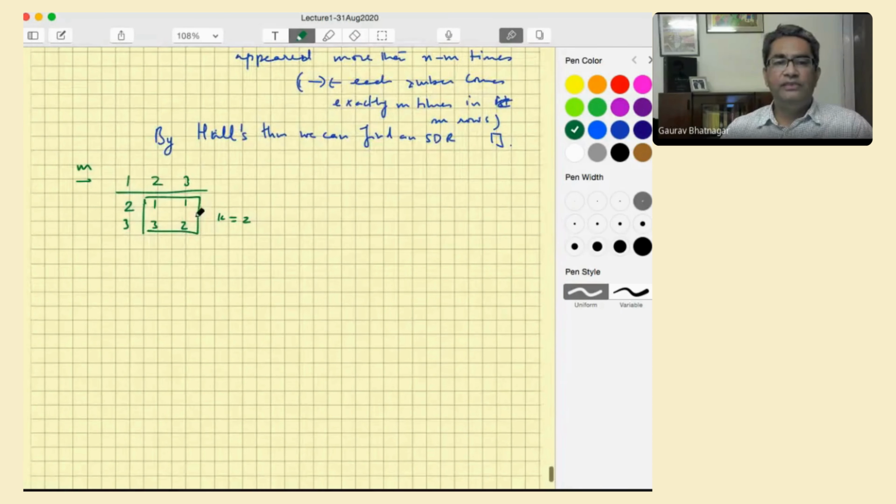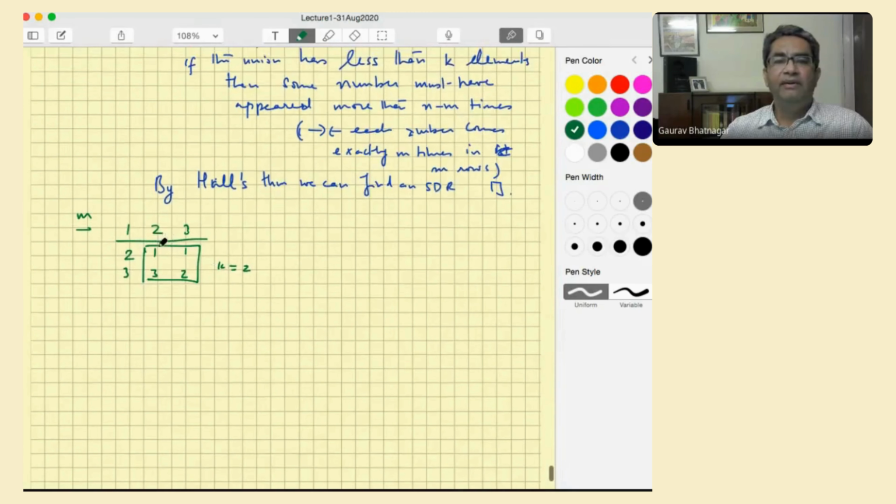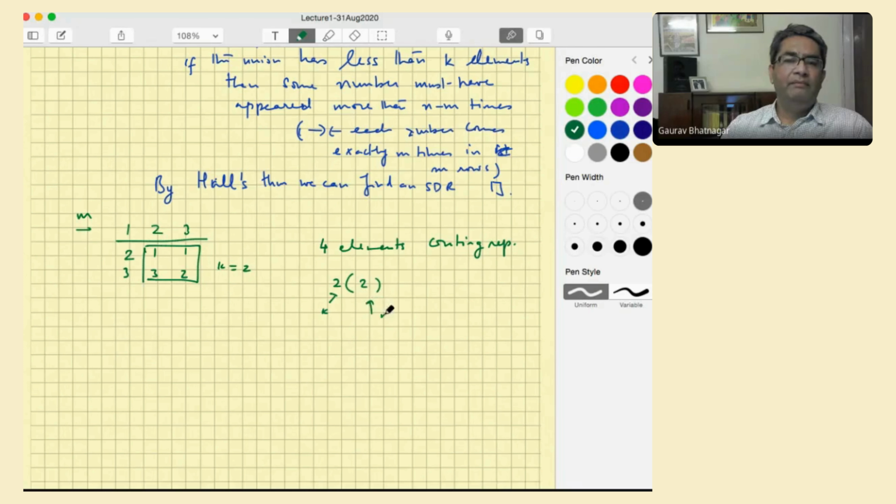So how many elements does it have? It has 4 elements, counting repetitions. So 2 coming from k and 2 coming from n minus m, right?